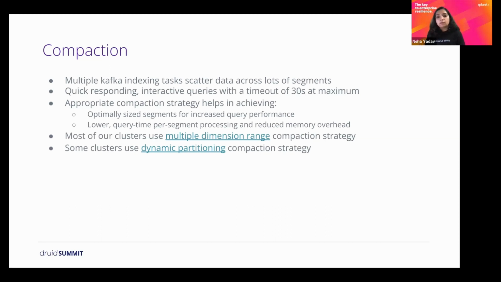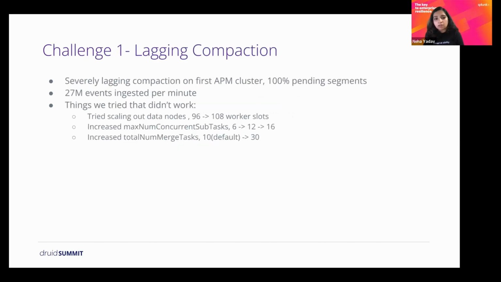So let's talk about the issues a little bit. As we proceeded with migration, the very first issue that we saw was simply lagging compaction. We had migrated with default configurations.